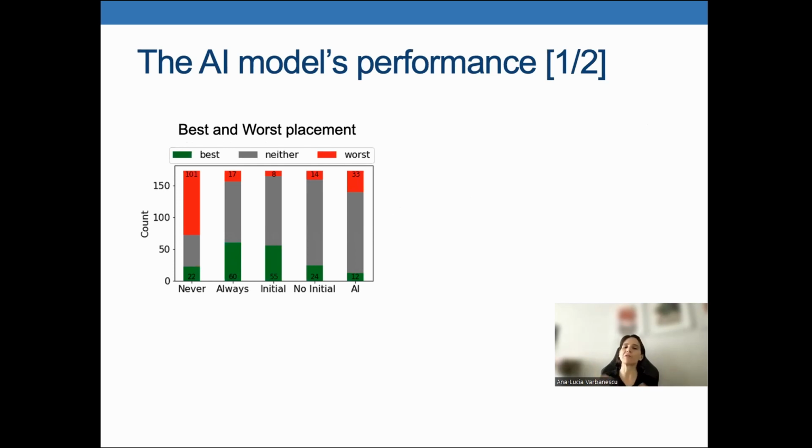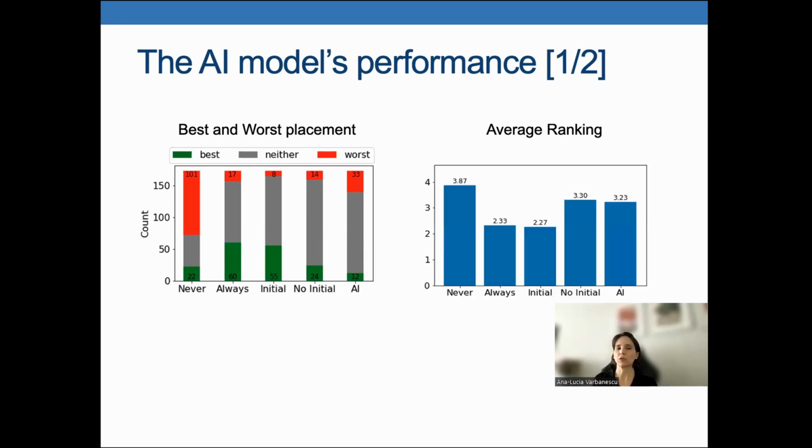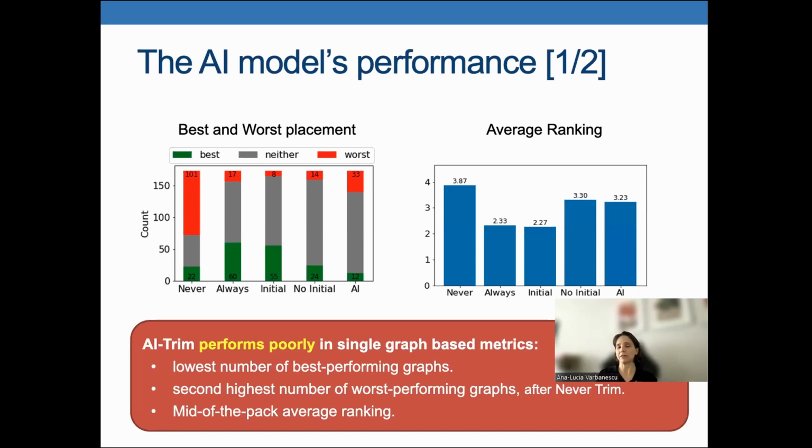So it is not outperforming everything at every time. And also in terms of the overall ranking, we see that the AI is very mediocre at best. So we don't seem to get a crashing success overall with our AI-based approach.